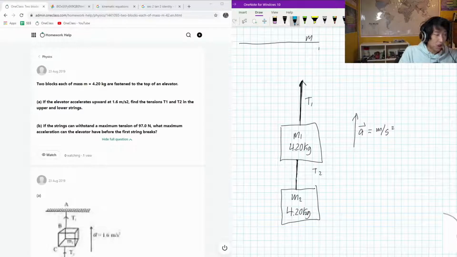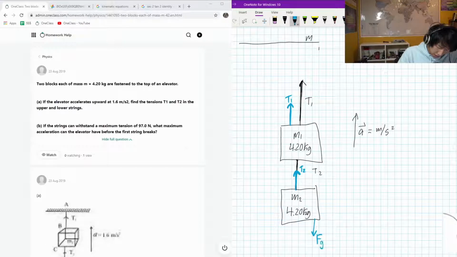Okay, so let's actually draw the forces in this and make a free body diagram of what's going on here. Of course, we're going to have the force of tension itself, T1. Here we're going to have the force of tension itself, T2. Here we're going to have FG2, and we're also going to have FG1 here.